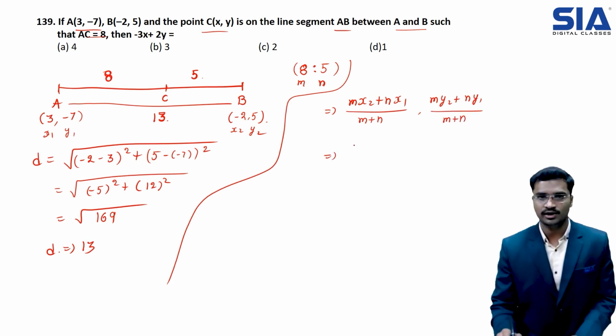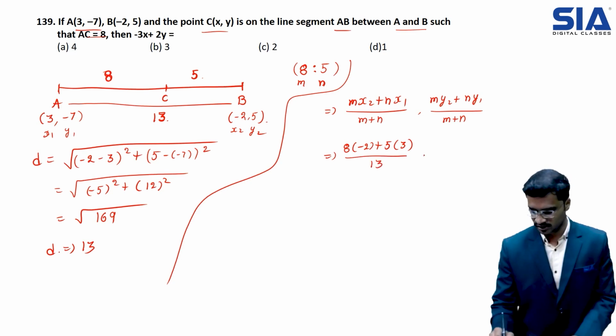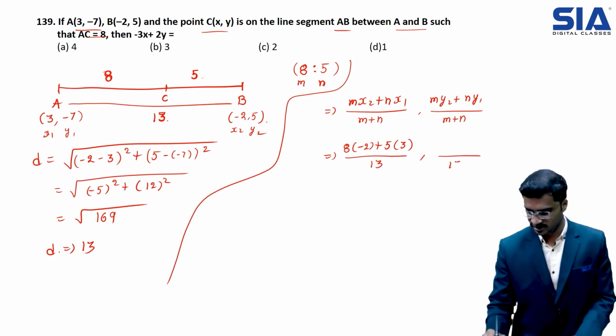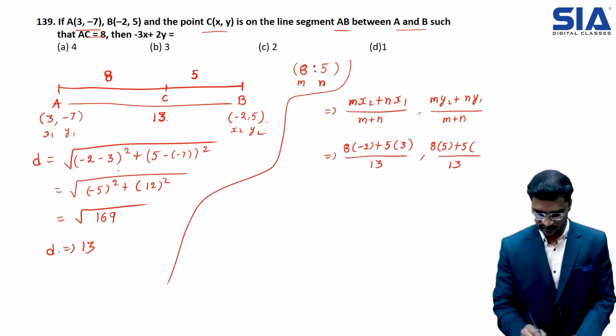So the value of m here is 8, into the x2 value, which is minus 2, plus the value of n, which is 5, times the x1 value, 3, divided by 8 plus 5, which is 13. In the same way, m is 8, y2 is 5, plus n is 5, y1 is what?